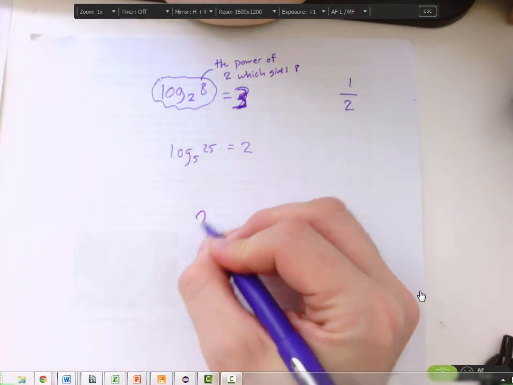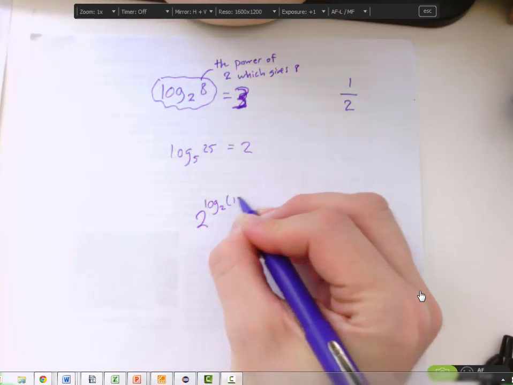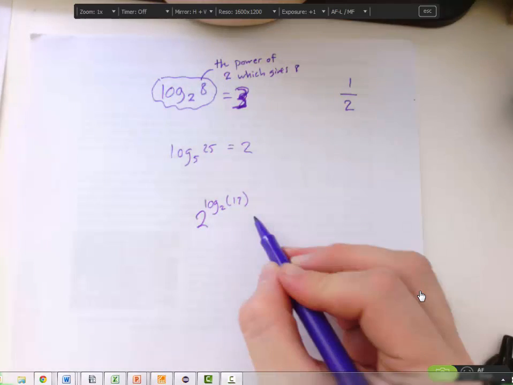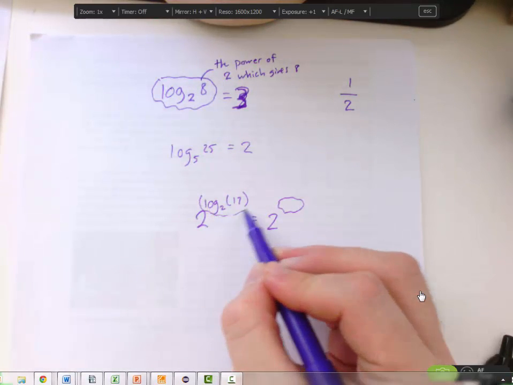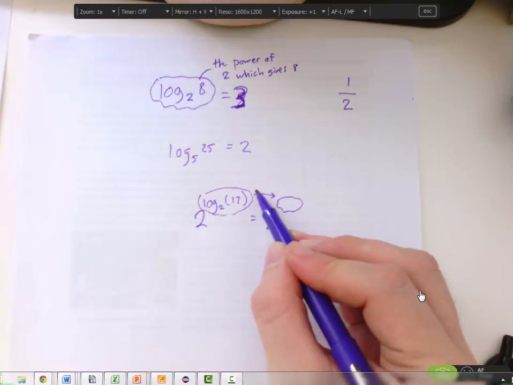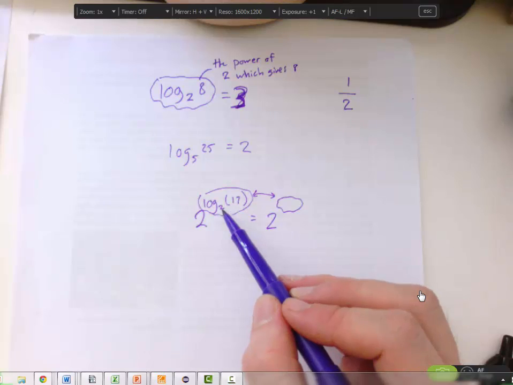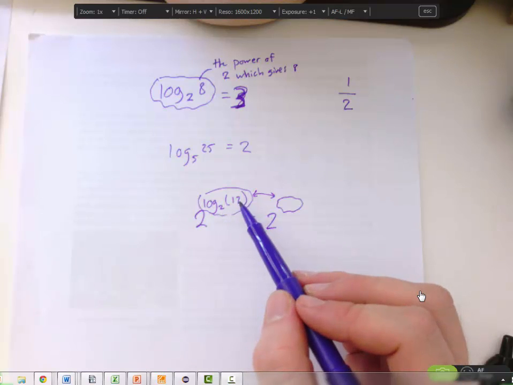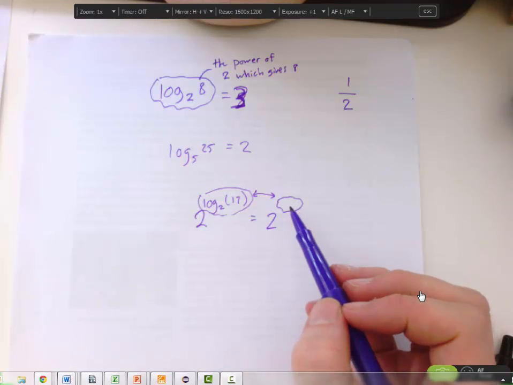What if I have 2 to the log base 2 of 17? All right, so what is this number, this log base 2 of 17 up here? That number is what power of 2 will give you 17. But then we're taking that power of 2 that gives you 17, and we're making it a power of 2.